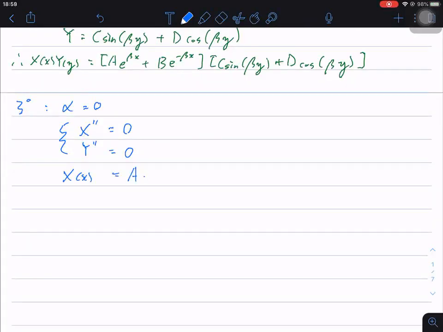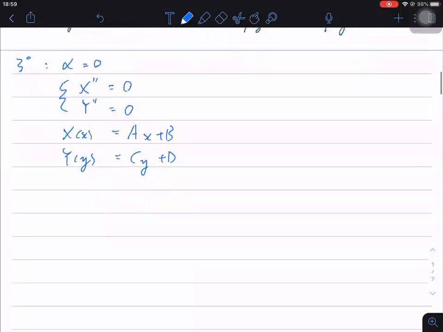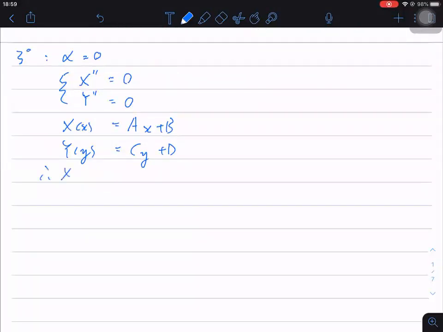Basically, for x we have a linear function of x, and for y we have a linear function of y. So again, by combining both solutions, we obtain this form.